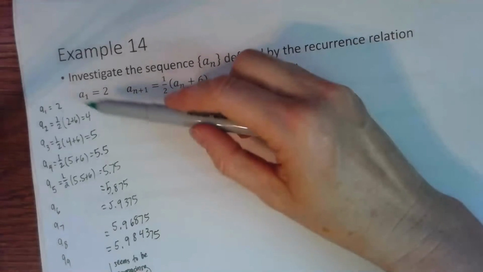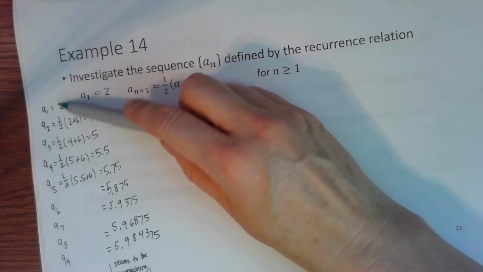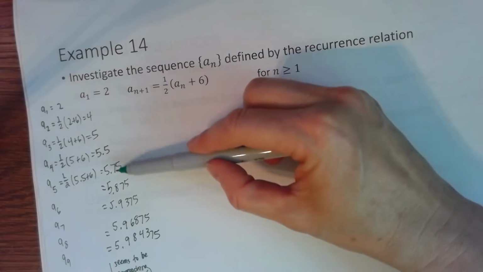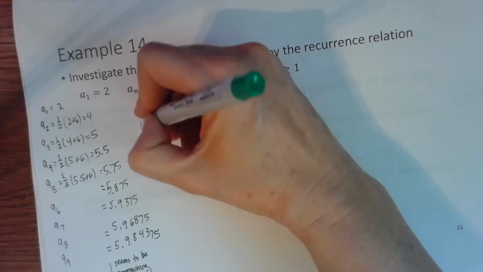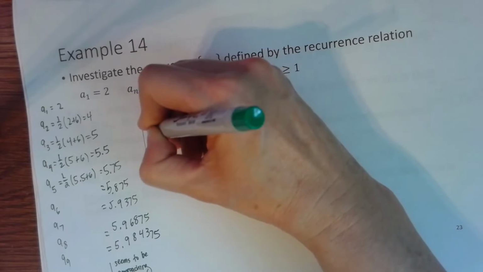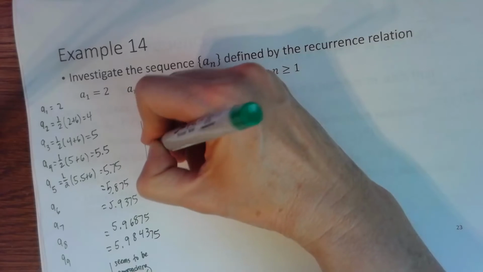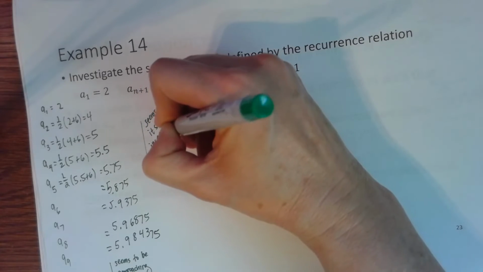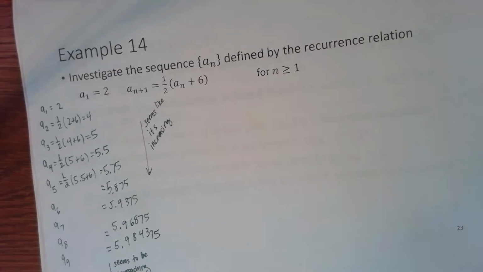Also, if we look at the values 2, 4, 5, 5.5, 5.75, it seems like it's increasing. Okay, but I've only looked at 9 terms in the sequence. It's not a proof.